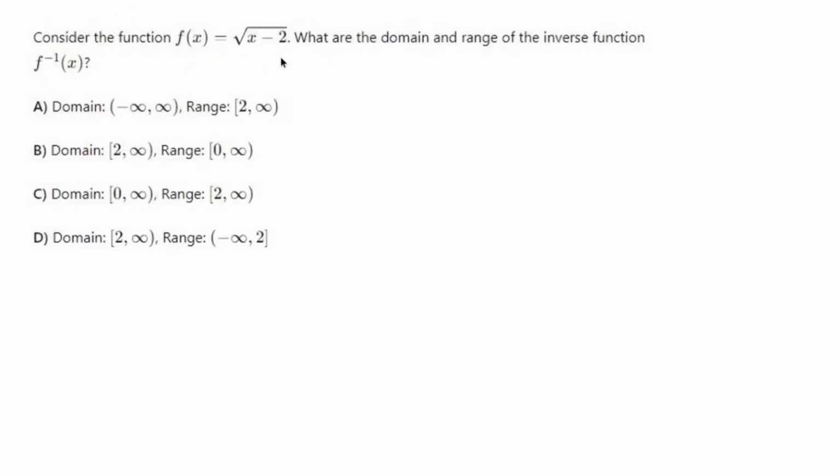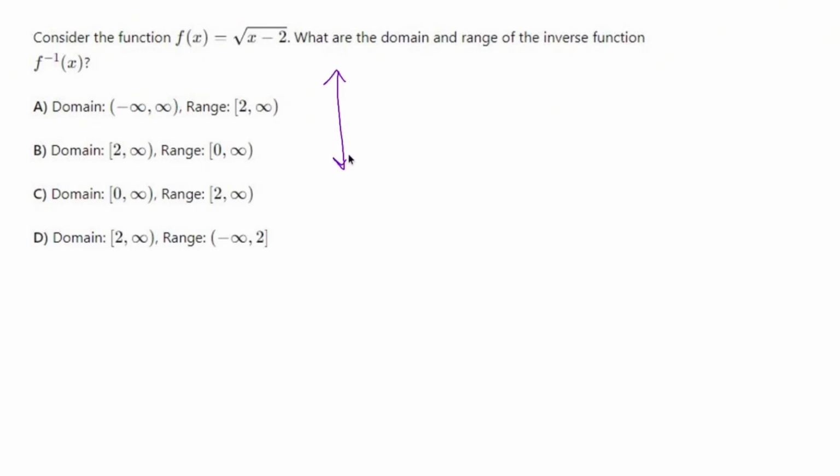Consider the function f of x equals the square root of x minus 2. What are the domain and range of the inverse function f inverse of x? In order to do that, we need to find the domain and the range of regular f of x.